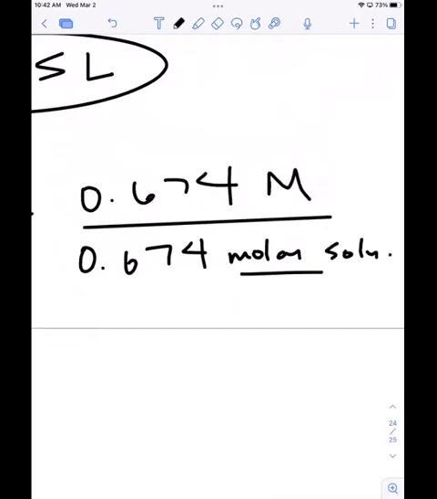If it gives you the concentration, it'll say a 0.674 molar solution of such and such contains such and such number of liters of water. Sometimes you'll see it written as a 0.674 molar solution, and you understand that molar to be big M, moles per liter.